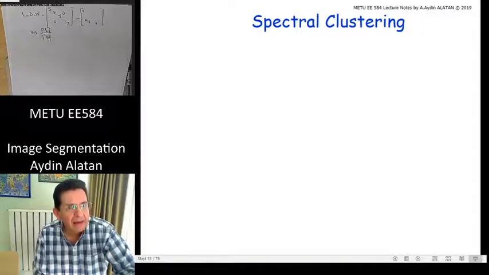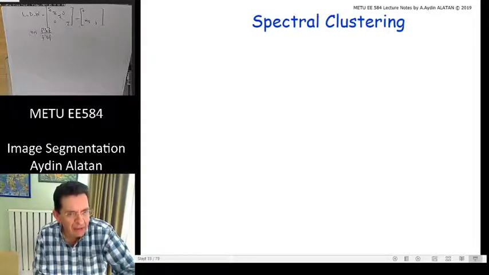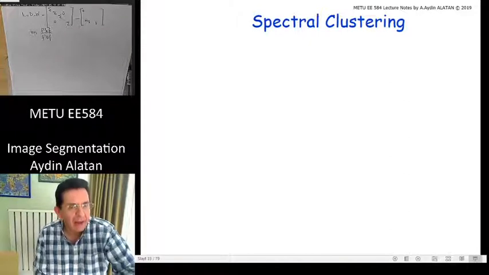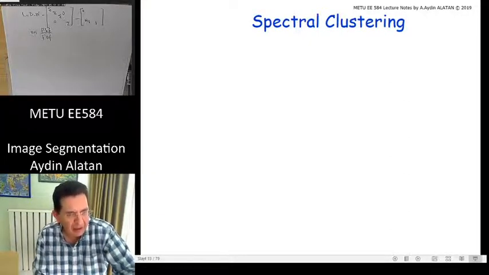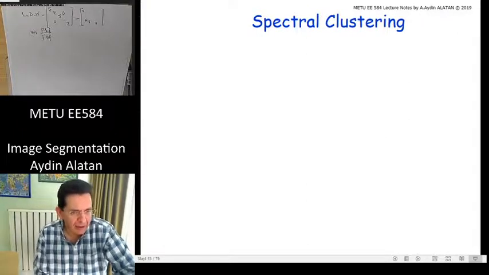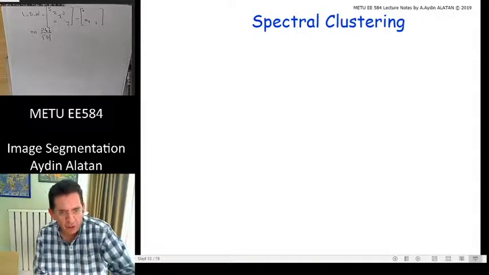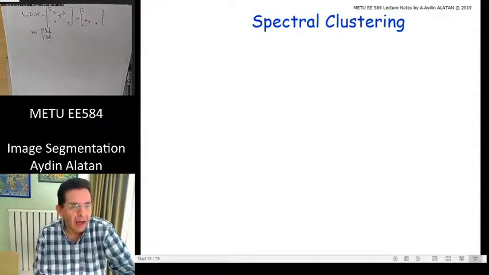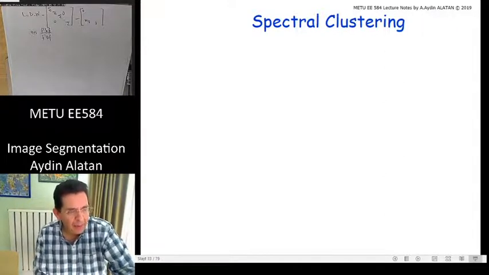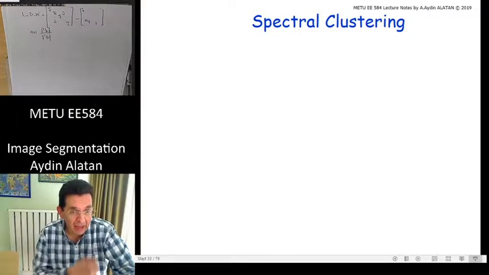For the remaining data, an affinity matrix specific to this remaining data can be written, the normalized Laplacian can be obtained for the remaining data, and the same procedure can be applied. That's one typical approach. It's a little bit slow because you just do it two by two and continue like that. But another approach is spectral clustering.